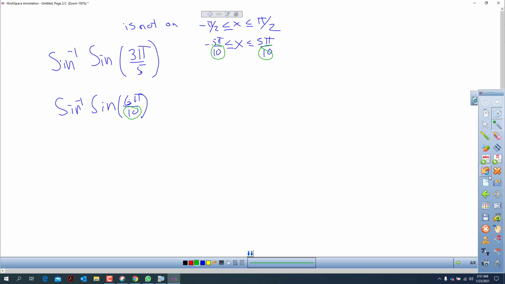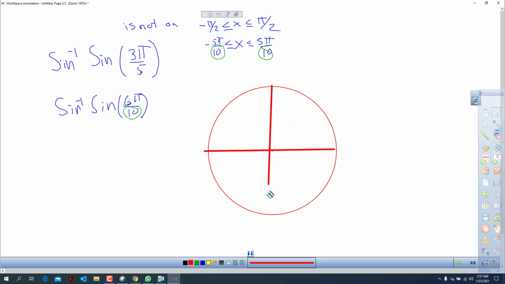Okay, so let's draw this circle, right? And you know that the number 6 pi over 10 is probably here, I mean, right here.